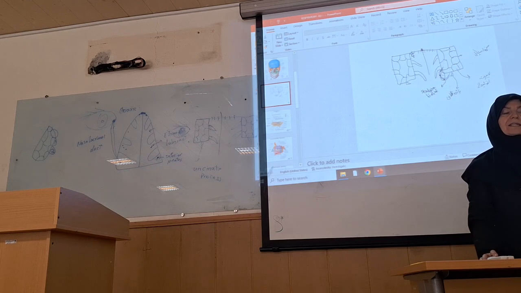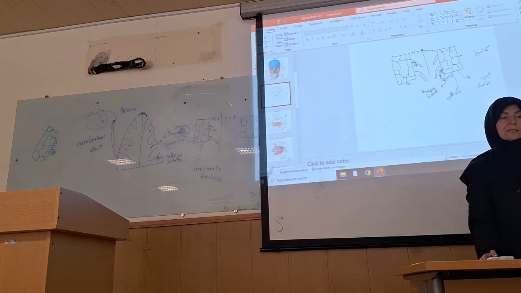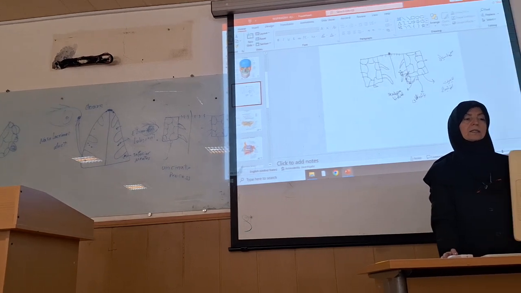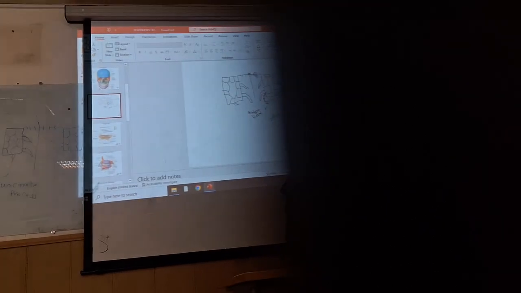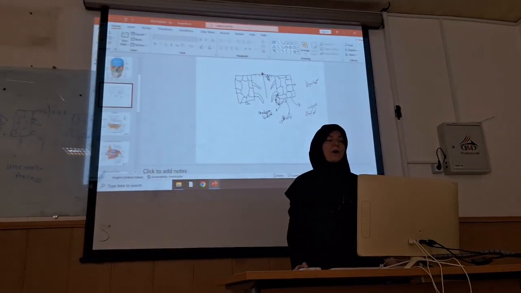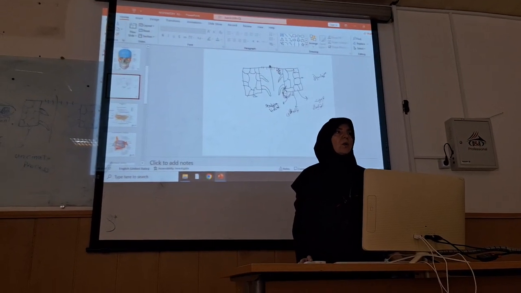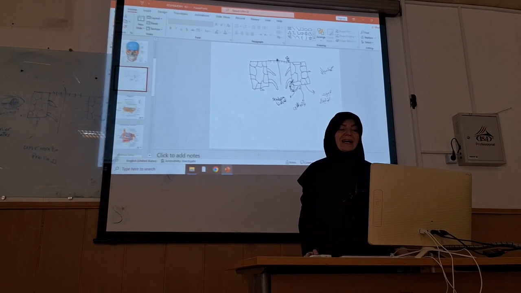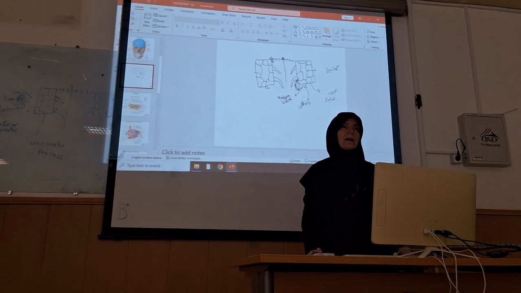The roof of the nasal cavity is going to divide the cranial cavity from the nasal cavity. Here is the nasal cavity. It is the roof, and the roof is cribriform. Through these foramina, the axons of the olfactory epithelium are passing.